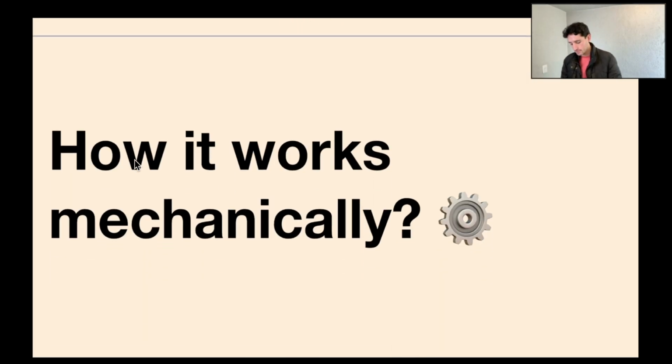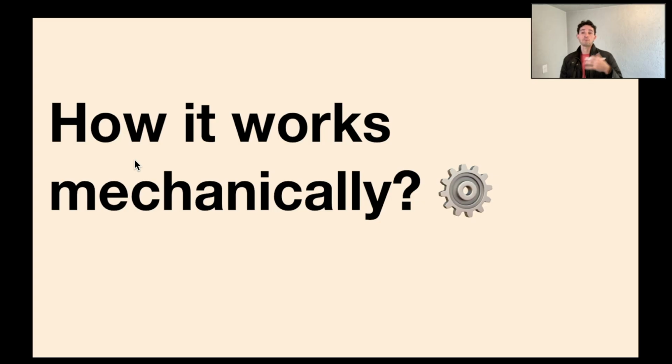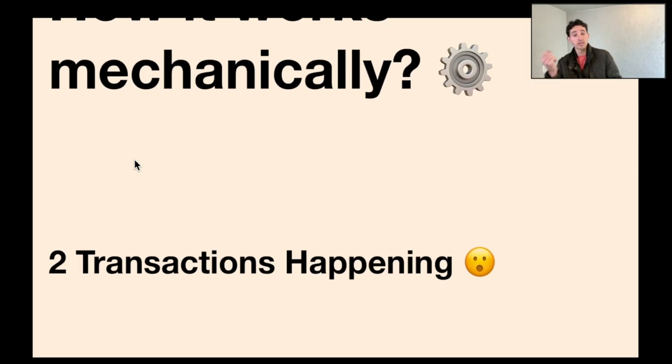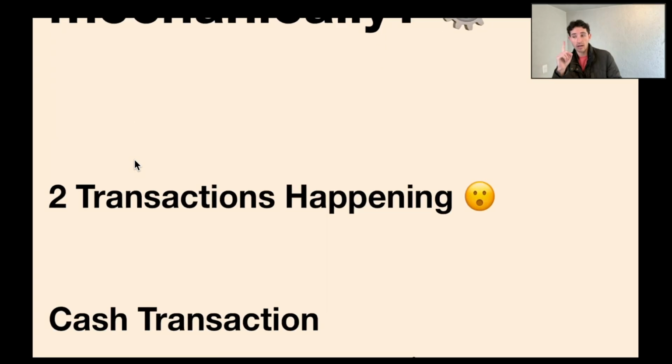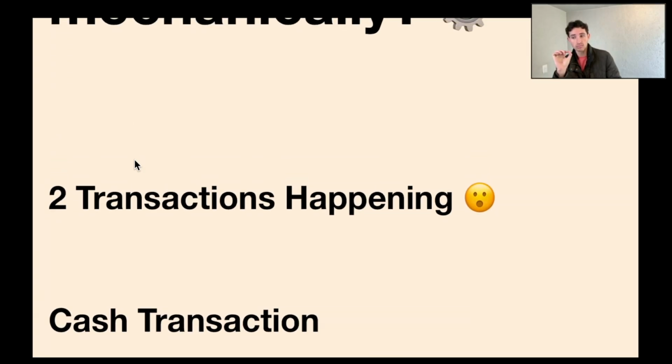Now I want to get into how it works. How does the Morby method work mechanically? Like the money flow, what really happens. Again, remember, there are two transactions happening in the Morby method. We have the cash transaction. You're going to need a purchase and sale agreement, a cash contract.